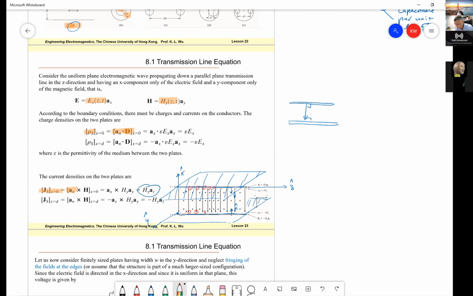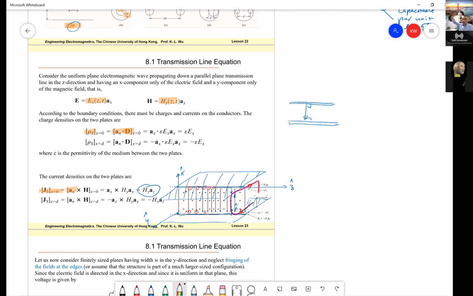The magnetic field goes like this; the magnetic field must be in a loop. So you have the lower plate in the Y direction and the upper plate in the minus Y direction.